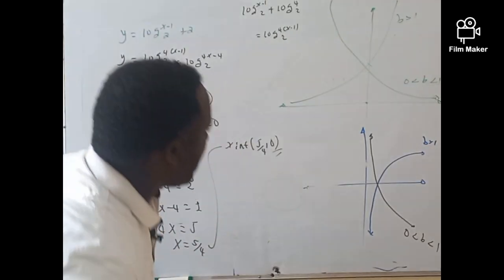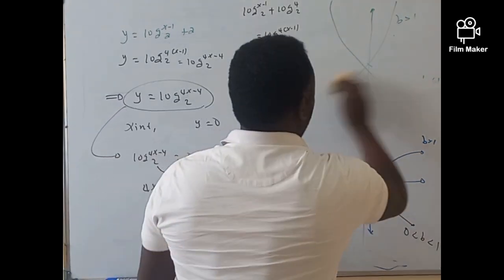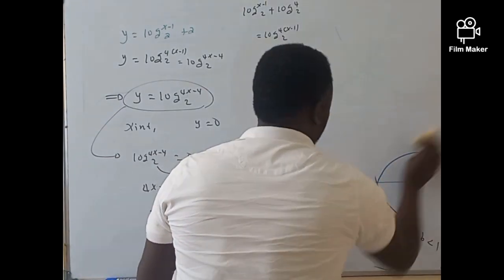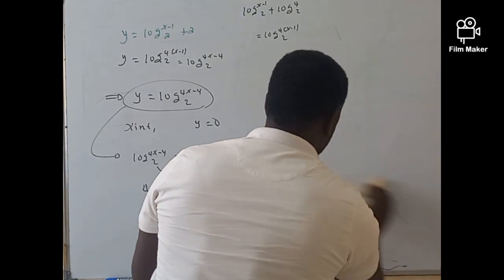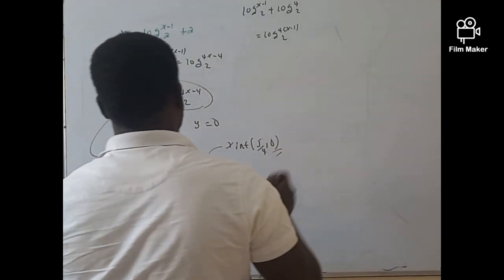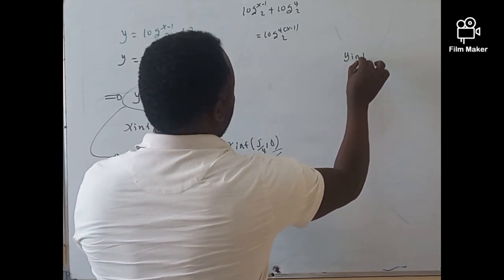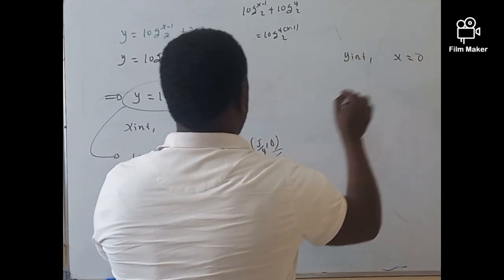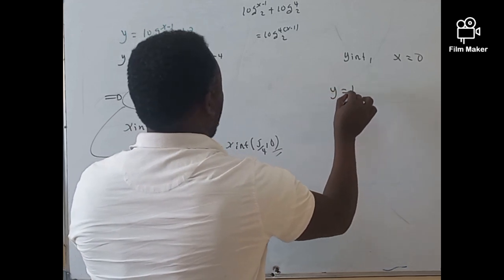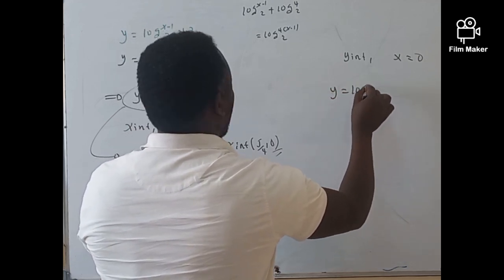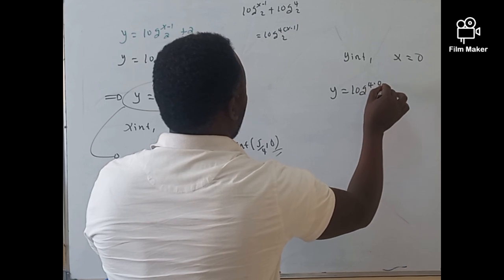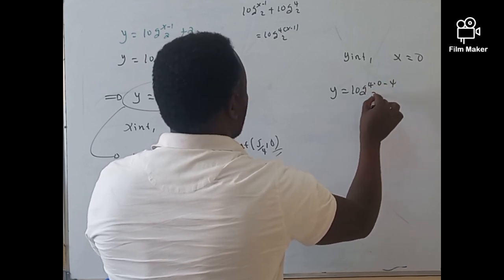Again, let's find the y-intercept of this one. In order to determine the y-intercept, make x equal to 0. And hence, y is going to be the logarithm of 4 times 0 minus 4 to the base 2.